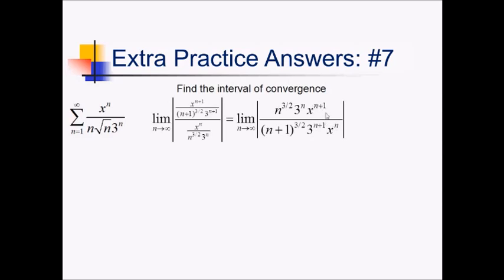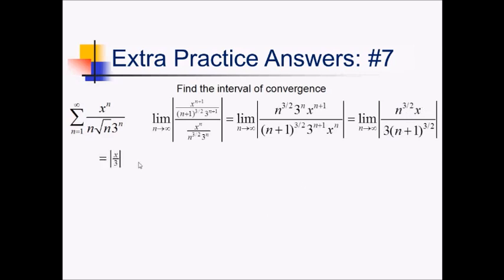X's can also cancel somewhat, leaving me with just x to the first power in the numerator. So upstairs I have an x and an n to the 3 halves. Downstairs I still have an n plus 1 to the 3 halves and a 3. As n approaches infinity, I can forget about this little plus 1 in here. So n to the 3 halves cancels the other n to the 3 halves, and I'm just left with the absolute value of x over 3.